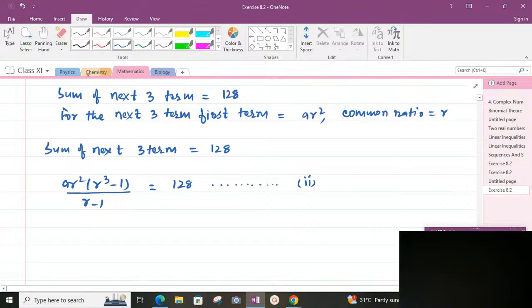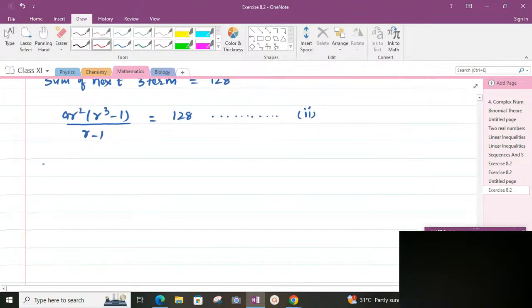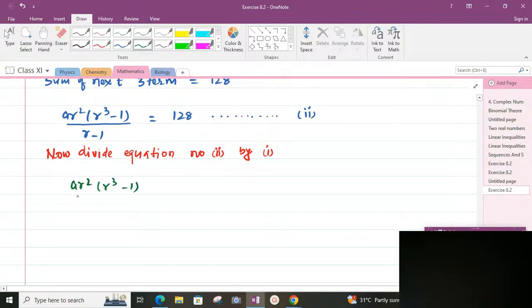Now divide equation number 2 by 1. Then in the left hand side we get AR square (R to the power 3 minus 1) by (R minus 1), divided by A (R to the power 3 minus 1) by (R minus 1), equal to 128 divided by 16. Observe there is no problem to understand up to this step.